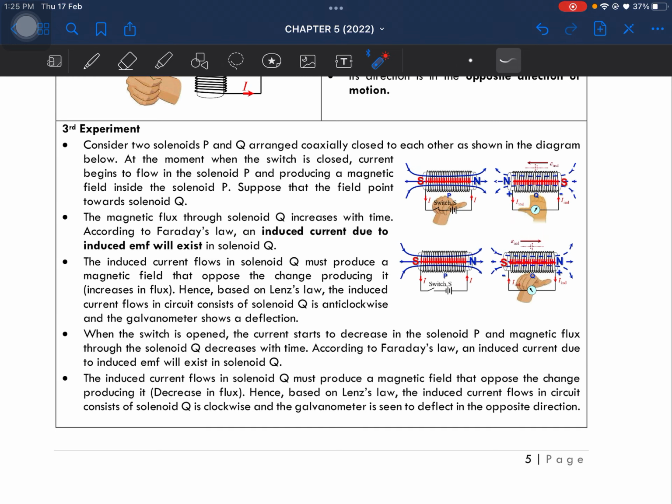When the switch is opened, meaning we turn off the switch, the current will start to decrease in solenoid P, and the magnetic flux through solenoid Q will also decrease with time.